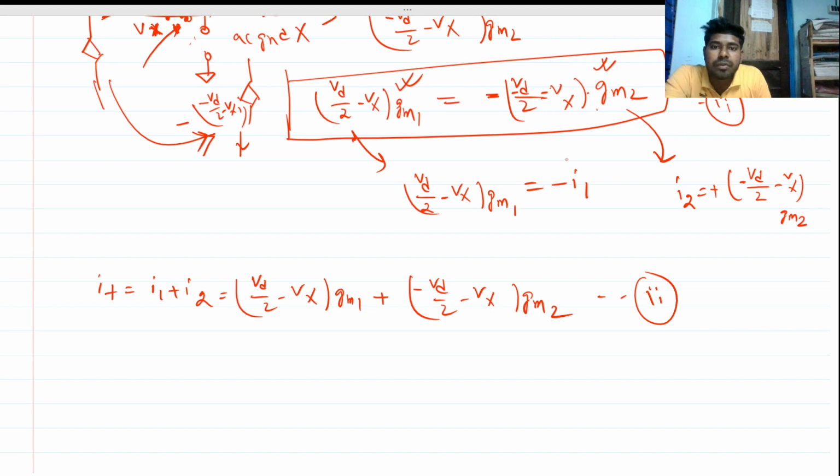Okay, so now from this equation, what will be our Vx value? If we take common here, this will be nothing but, let's say, Vx into... this is plus and this is minus, so this will be minus of Vx times Gm1 plus Gm2, right?